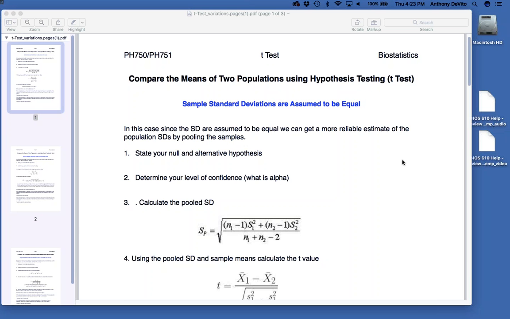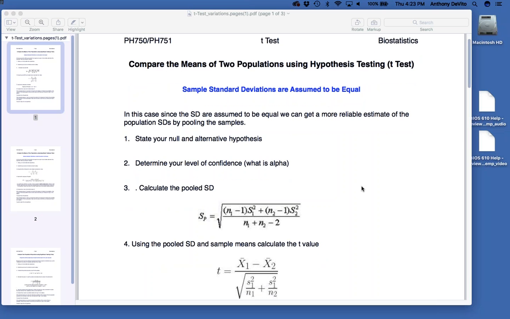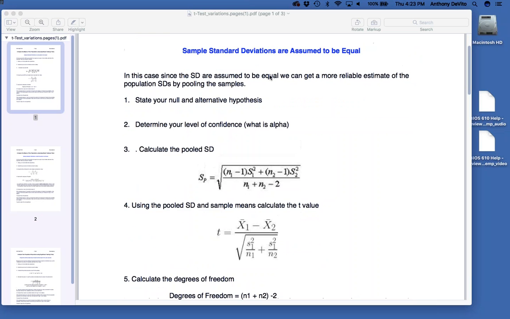I'm going to show you these formulas here. For instance, this first variation of the two-sample t-test assumes that the standard deviations of the two groups are equal. Okay, that happens a lot because if I ask you to compare the blood pressure of Mexican Americans to the blood pressure of Native Americans, well, maybe one group has a higher average blood pressure than the other group, but it's reasonable to assume maybe the variation in blood pressures is the same.